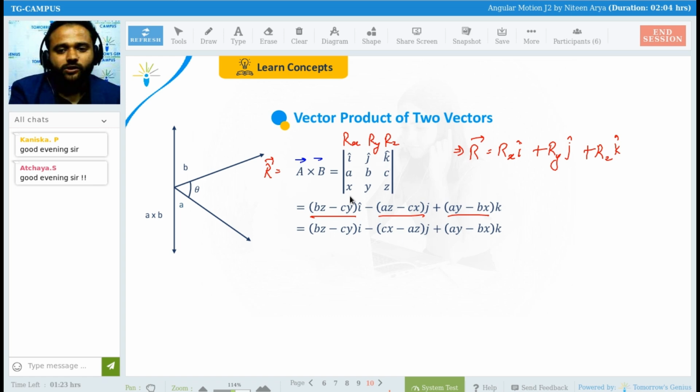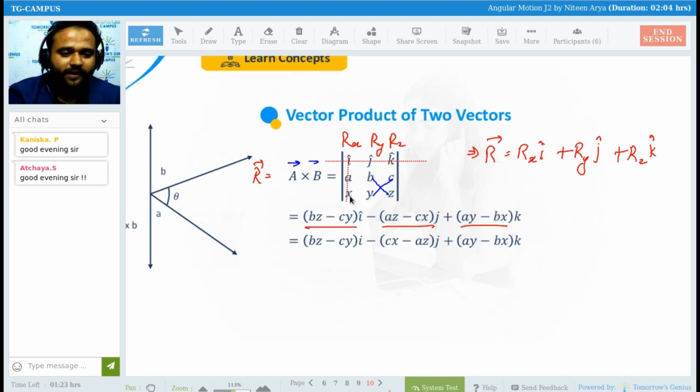As simple as that. So to find Rx, how can you find Rx? It is also very simple. Hide this and this. Now do the cross multiplication. The cross multiplication you need to do by cy and bz, and then subtract, I mean this cross multiplication first and then subtract in this.